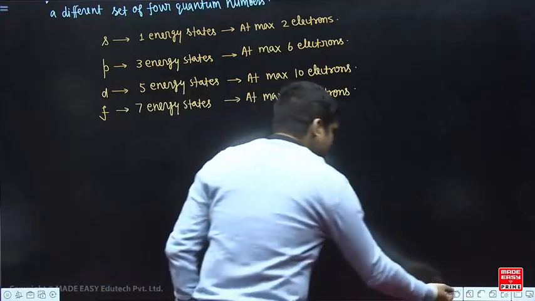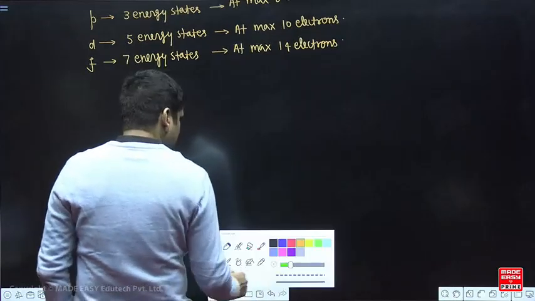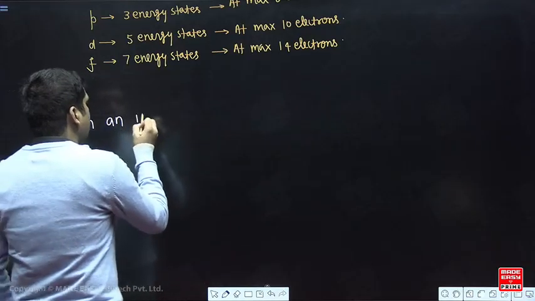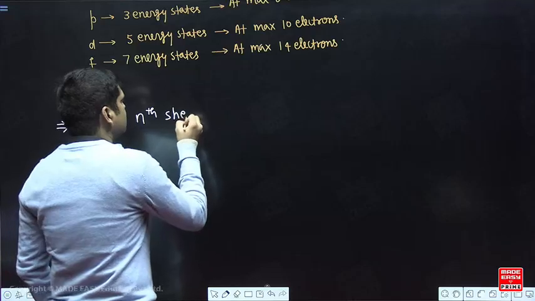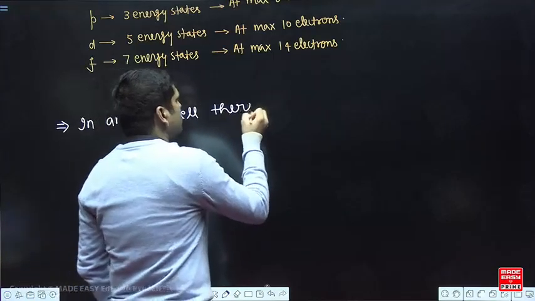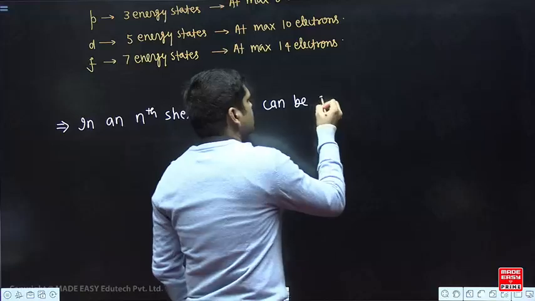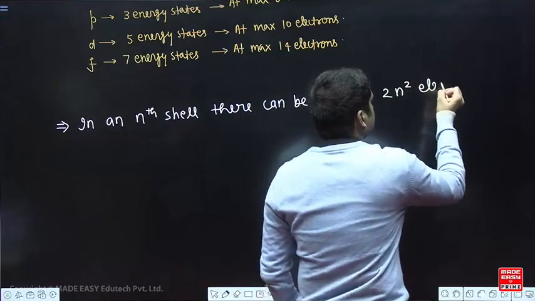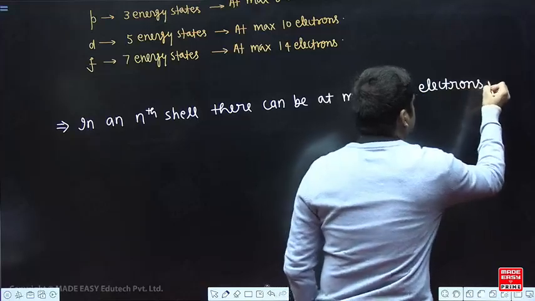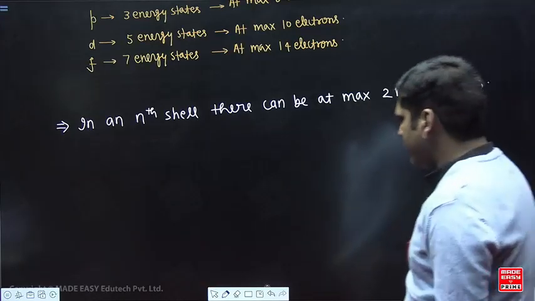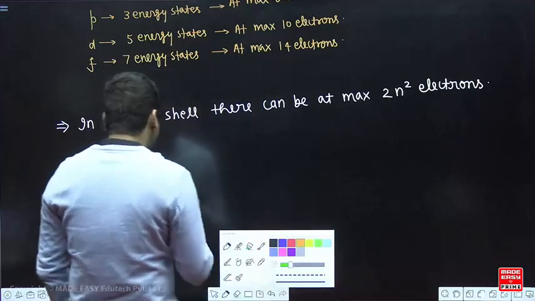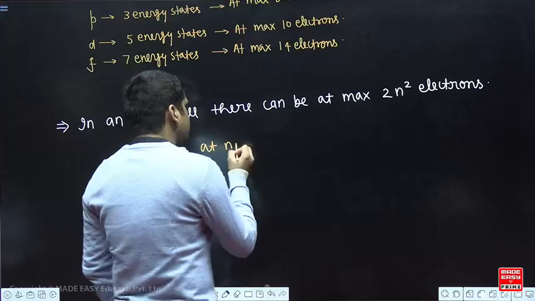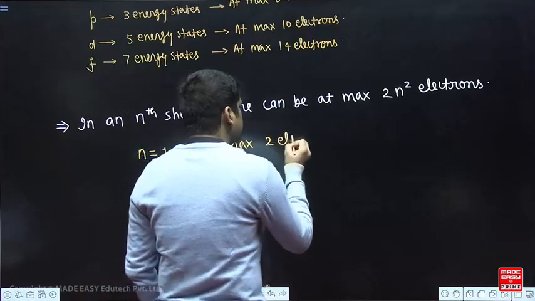So we can write this: in an nth cell there can be at max 2n square electrons. Means what? n is equal to 1, at max 2 electrons.